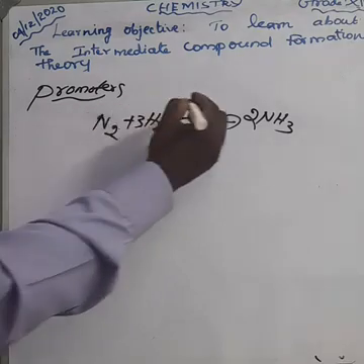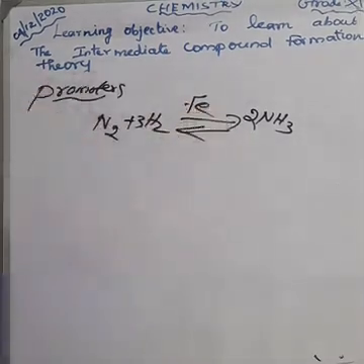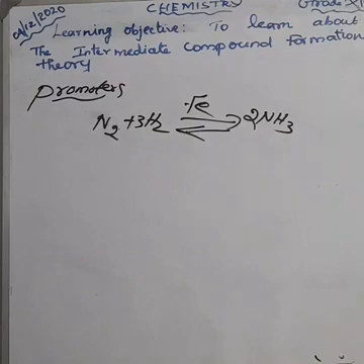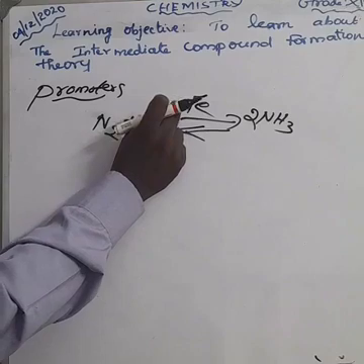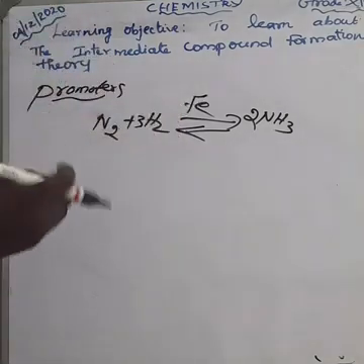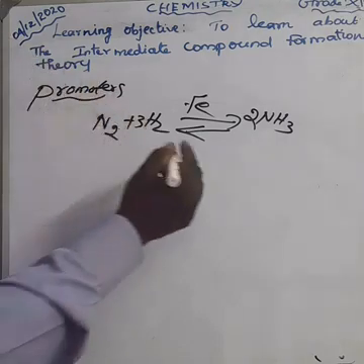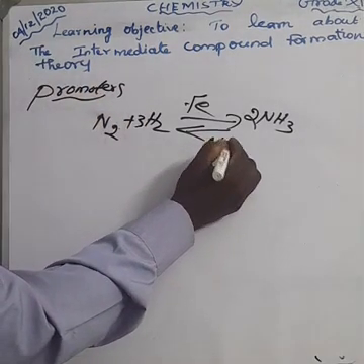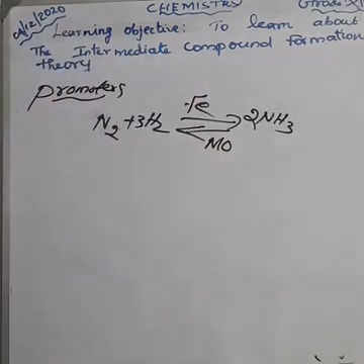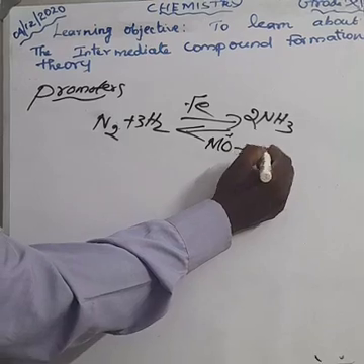Iron, Fe, acts as a catalyst. Here we are adding one more substance which increases the activity of the iron. That is called molybdenum, Mo. Mo acts as a promoter.